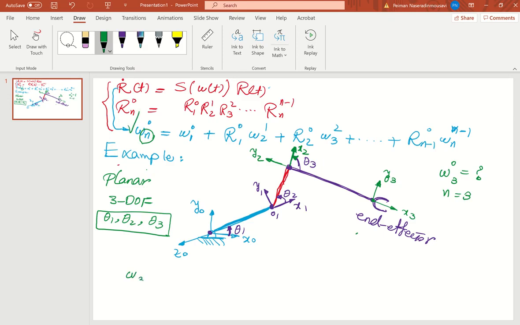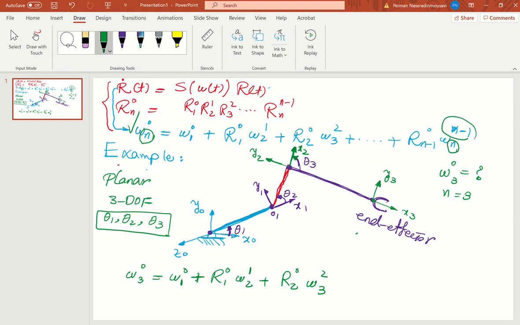You're going to have omega 3 respect to 2 is omega 1 respect to 0 plus, means rotation of the frame 1 respect to 0, plus R1 respect to 0 omega 2 respect to 1, which is theta 2 with theta dot 2, plus R2 respect to 0 omega 3 n respect to n minus 1. N minus 1 is 2. Bingo.